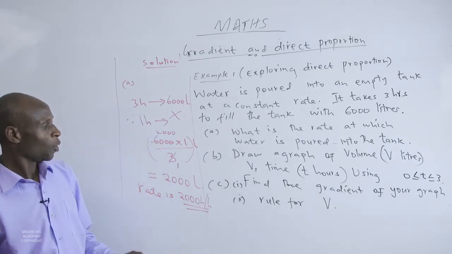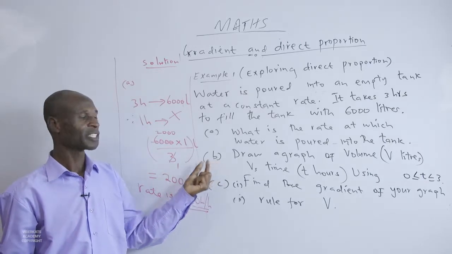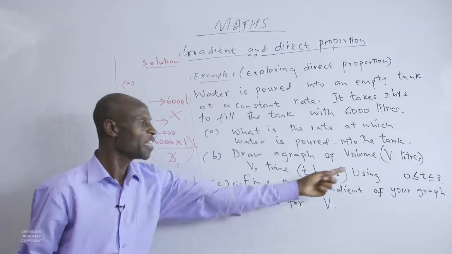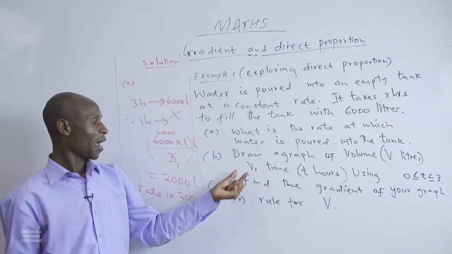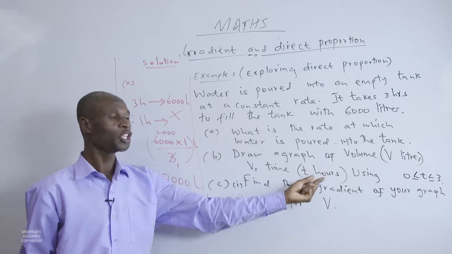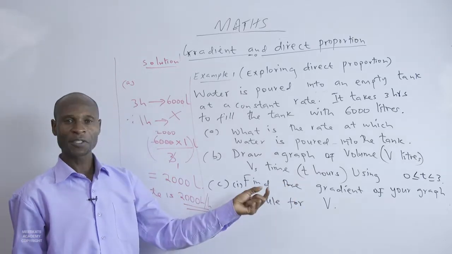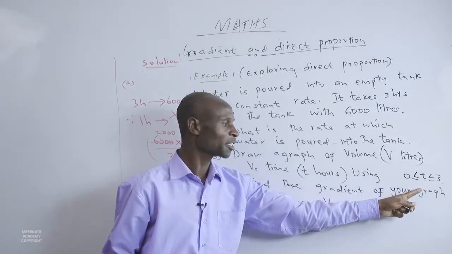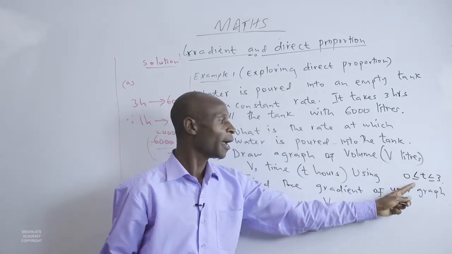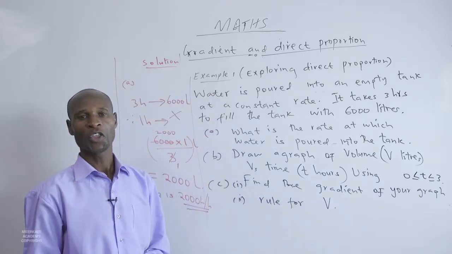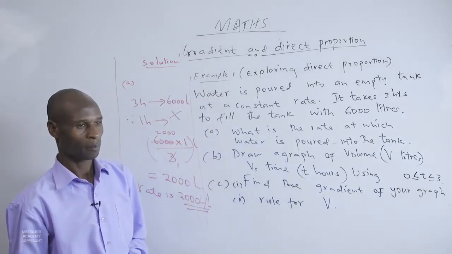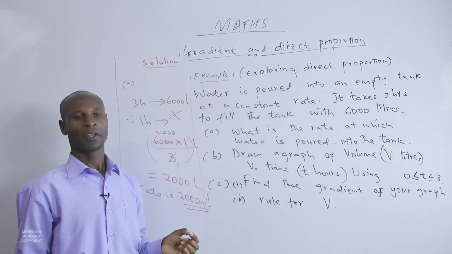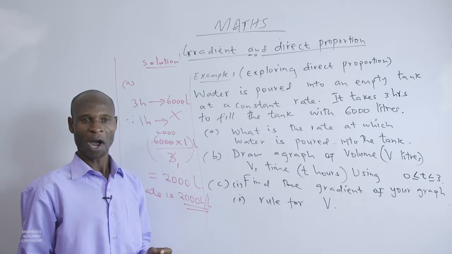Now, we look at our second question, part B. Draw a graph of volume, V in liters, against time, T in hours, using the range of values of T greater than or equal to 0 and less than or equal to 3. Now, class, to draw a graph, there are some basics you need to have.